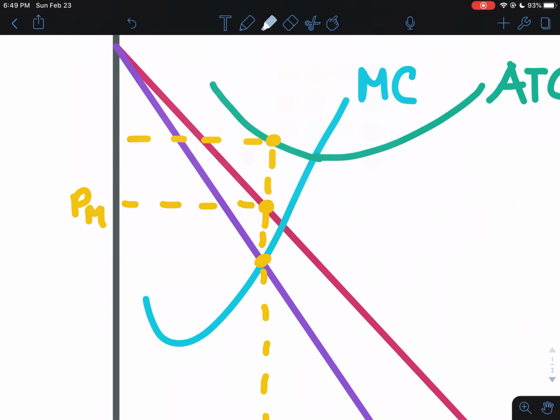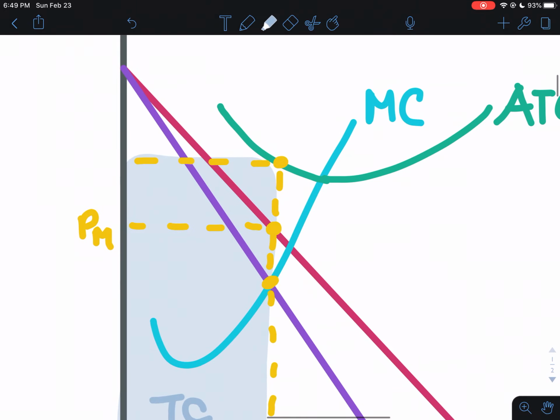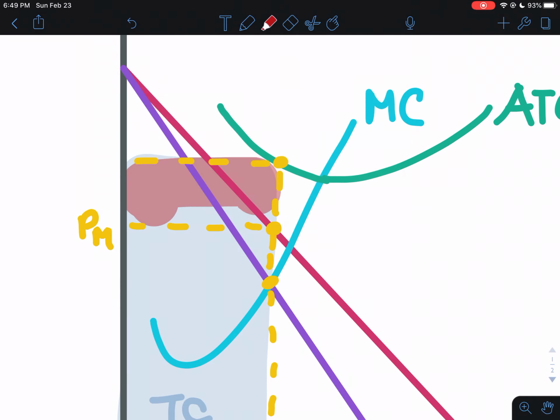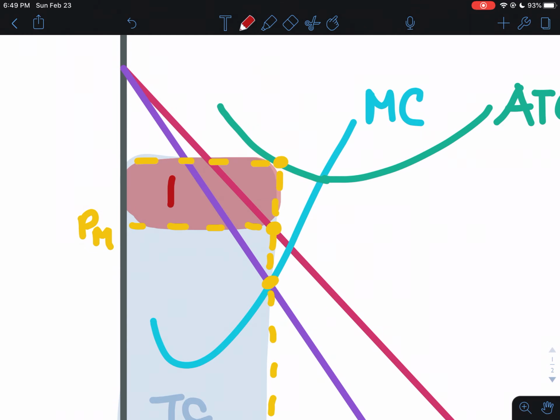So all of this box is going to be our total cost. So, and our total revenue is below that. So that means all of this is going to be a loss.